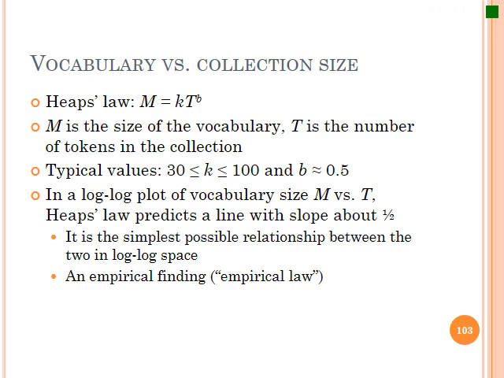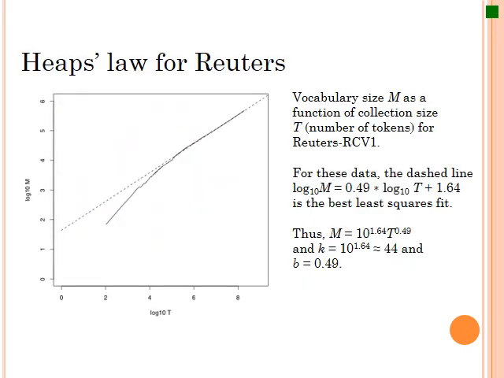If you take the log on both sides of this equation, what do you get? You get log n equal to b times log t plus log k. Because b is nearly half, if you plot this line, you notice that it's something like this.